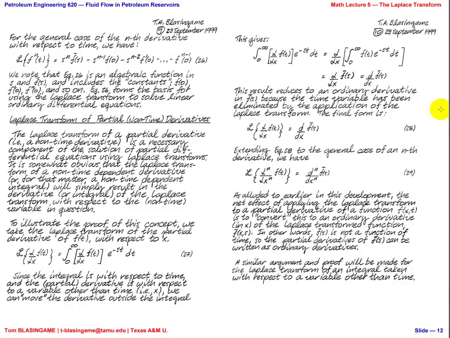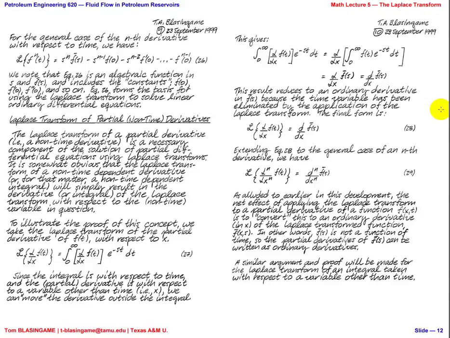And you can apply this whenever you have the second, third, or n-th derivative. It is the same. In a sense, it is a sum of terms of f(s) times s to the power of the number of the derivative, right?